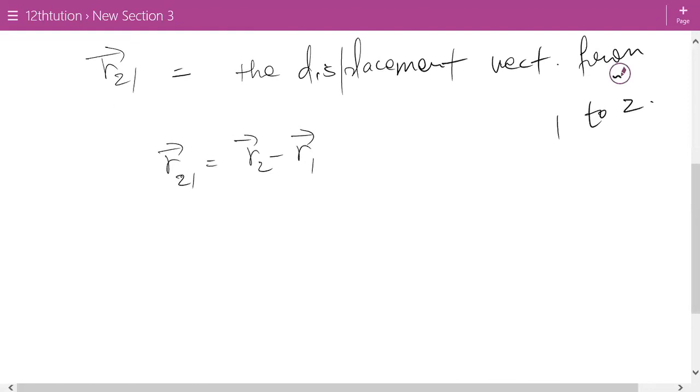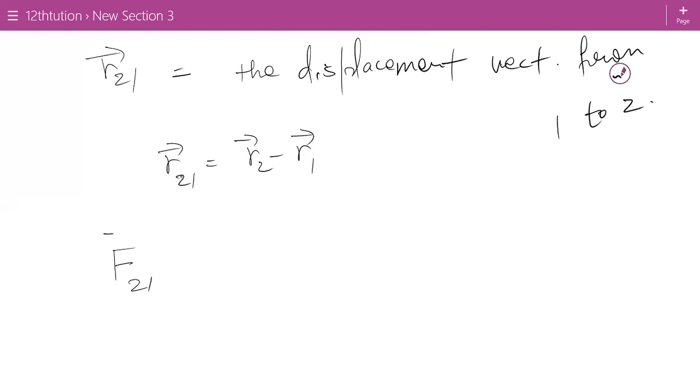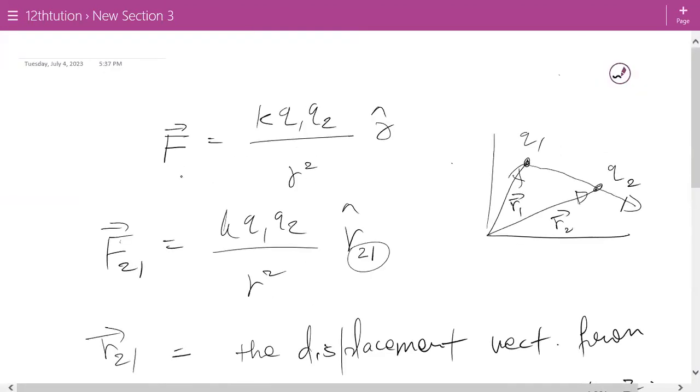So now we can write this formula: F21 equal to K Q1 Q2 by R21 cubed. This is actually the mod of R2 minus R1 cubed, because that is the distance between Q1 and Q2, right? That's what we have found.